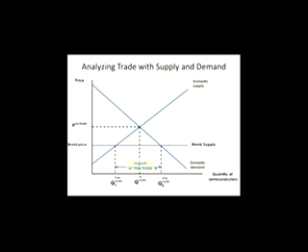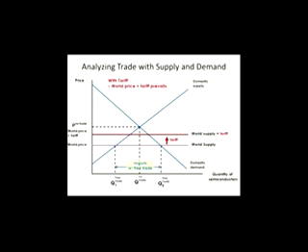Now, a tariff is simply a tax on imports. So what the tariff does is it raises the world price by the amount of the tariff or the tax. So the world supply curve or the world price shifts up until we get to the new equilibrium.